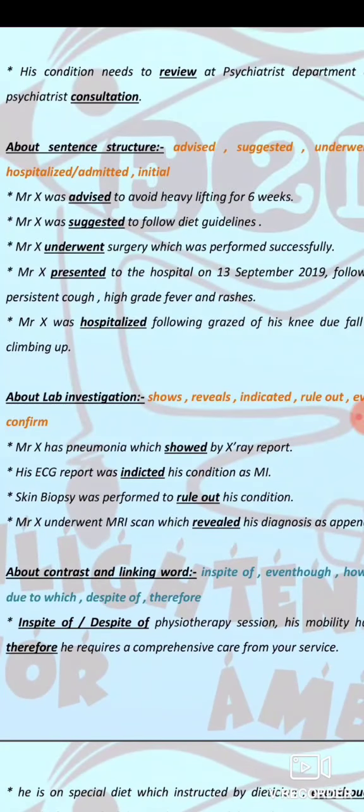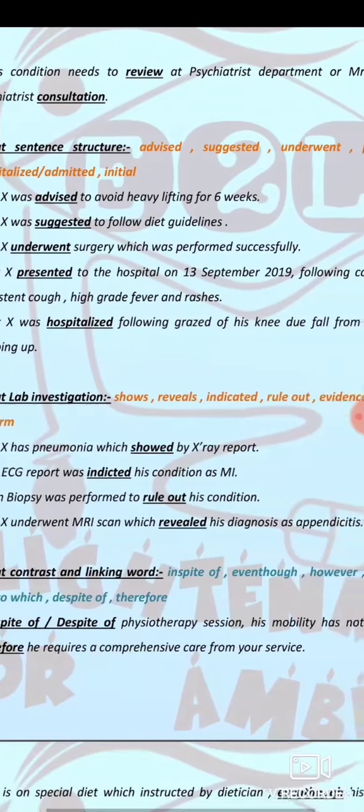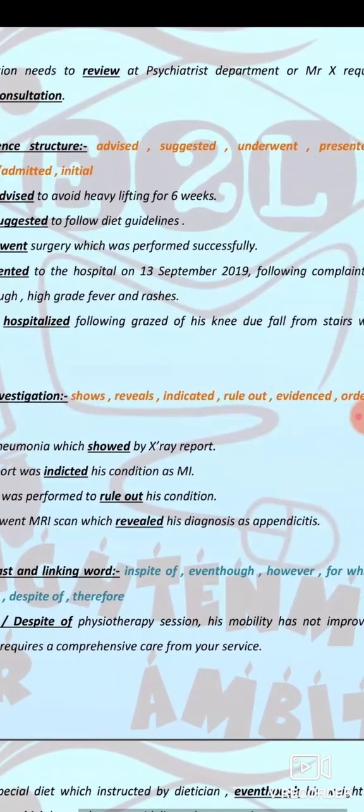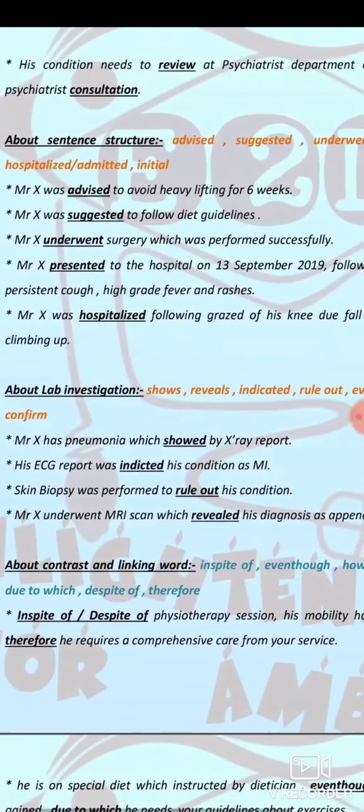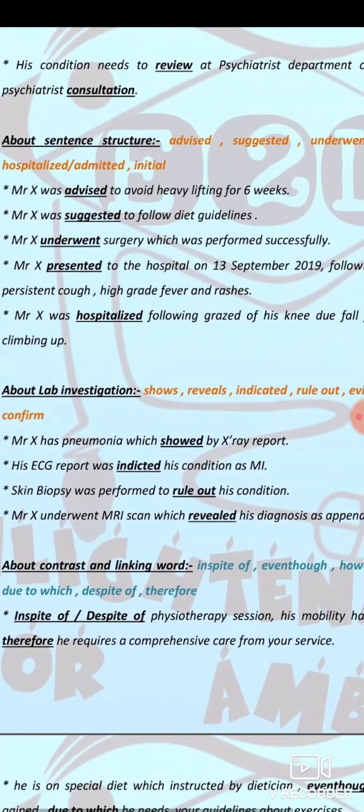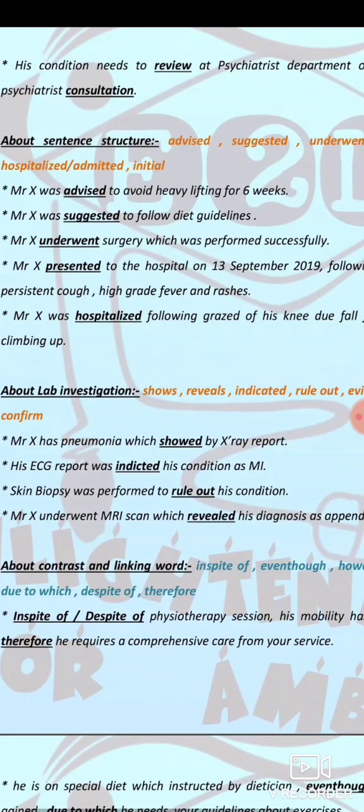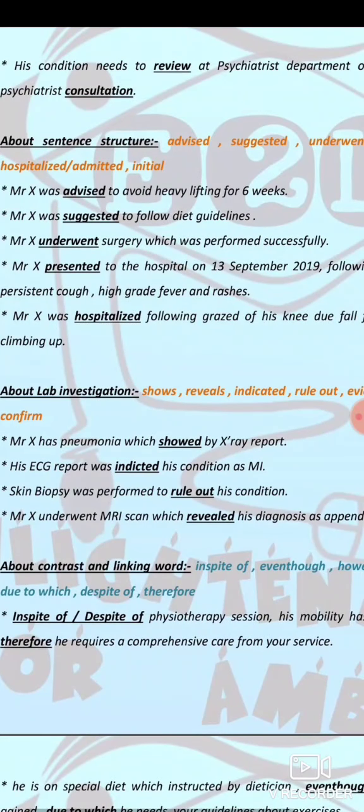About sentence structure, there we are discussing the first body paragraph and second body paragraph, as well as the recommendation paragraph. Advised: you have to be careful, because many candidates make mistakes in the spelling of advice. They write ADVICE for the verb.